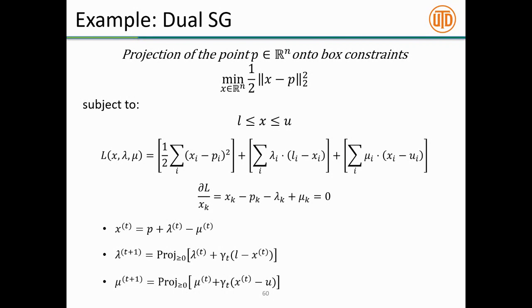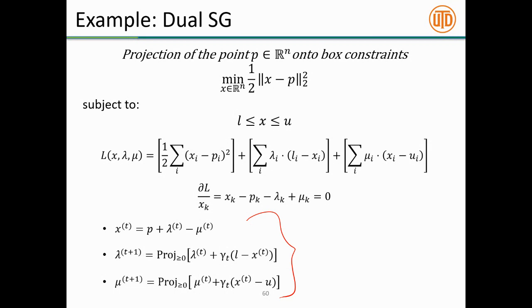So the sequence of iterations for trying to solve this optimization problem with the subgradient method would look like this. You set x_t equal to p plus lambda_t minus mu_t. You then update lambda_t to lambda_{t+1} by taking a step in the gradient direction. The gradient of the Lagrangian here is simple: if you take the derivative with respect to lambda_i, you just get l_i minus x_i.